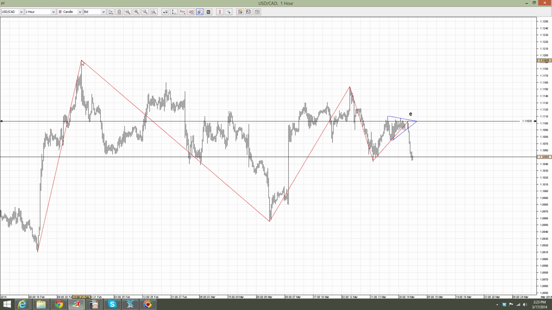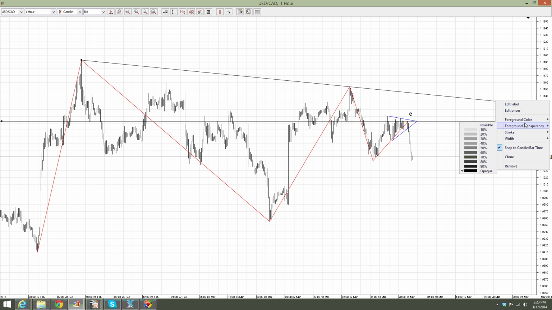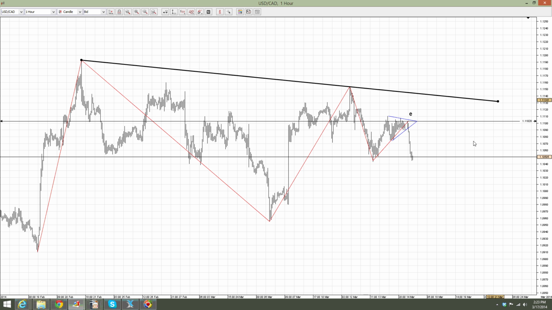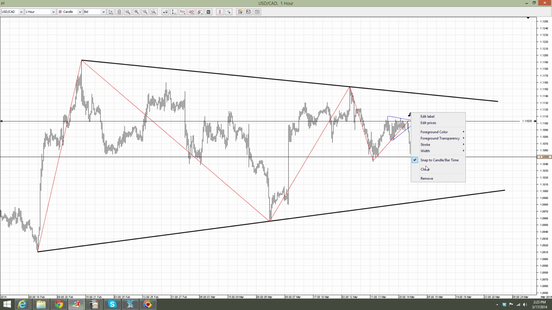So the A and C and the B to D trend line, like this. So this should be the E wave, and then let's try to label everything here.